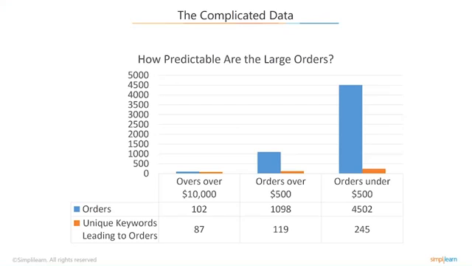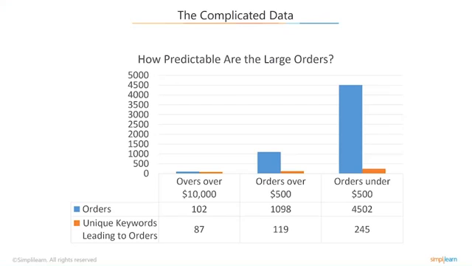Now, orders under 500, they have roughly 10 conversions per keyword, with 4,500 of those on only 250 keywords. So their high order number, the under 500, is very predictable. Their large order is very unpredictable.